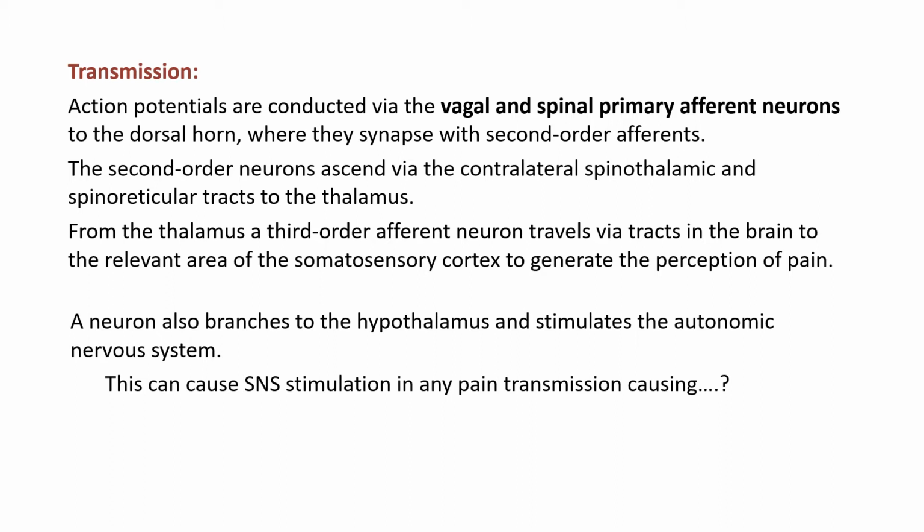And we know what the sympathetic nervous system does. It increases heart rate, increases blood pressure, causes sweating, causes peripheral vasoconstriction, so we get pallor. So these are all common symptoms that we see alongside severe pain.